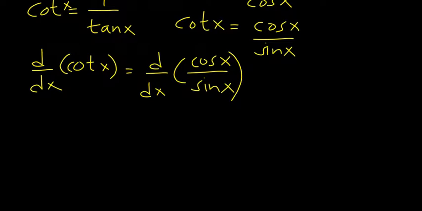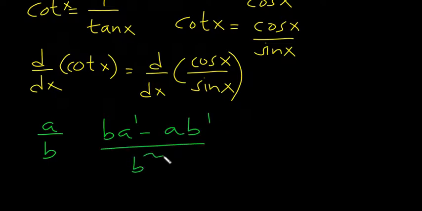The quotient rule states that if we have a function a over b, the derivative of such a function will be b a prime minus a b prime, divided by b squared, where a prime is the derivative of a and b prime is the derivative of b. For this case, a is going to be cos x and b is going to be sine x. So let's find a prime and b prime.